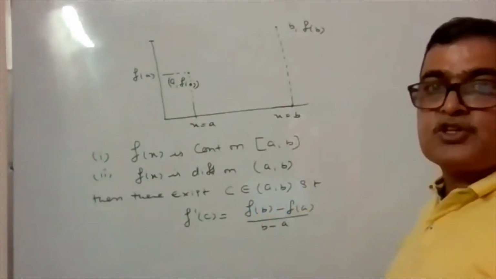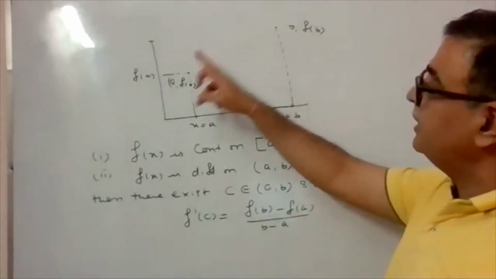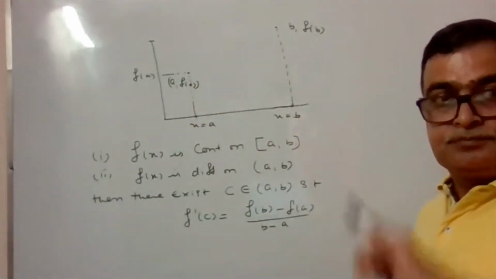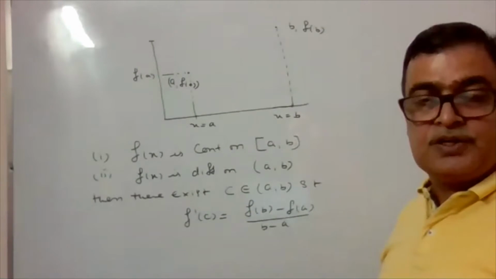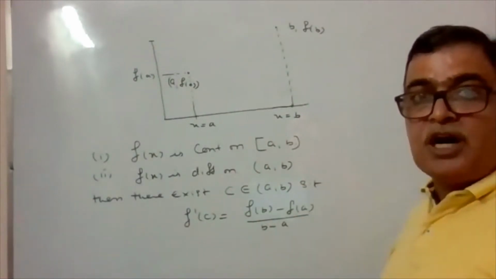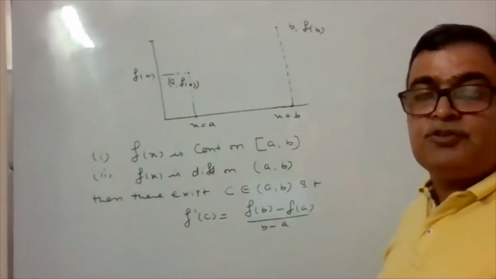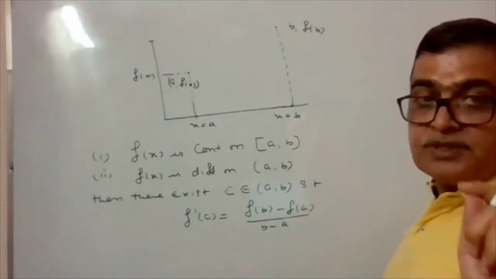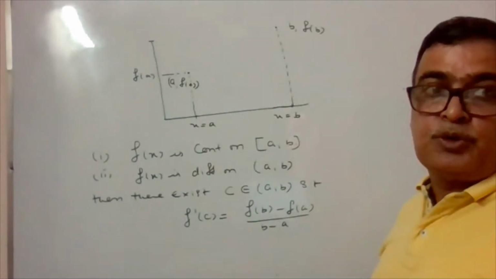But whatever function is given here, that will be continuous in this interval. This function is completely continuous. Second, it is differentiable also. Continuous means without break you have to plot the curve. And second, it should not have any corner point.